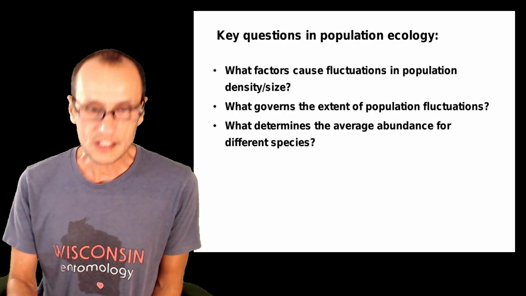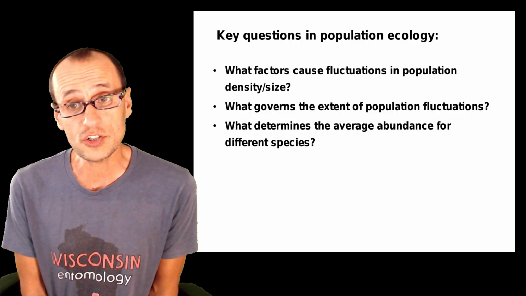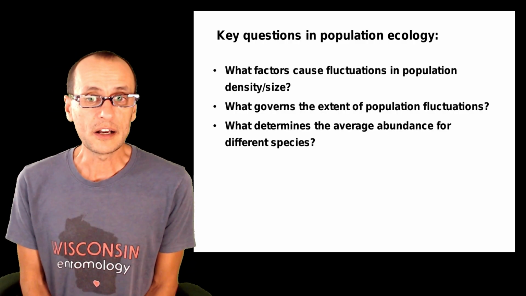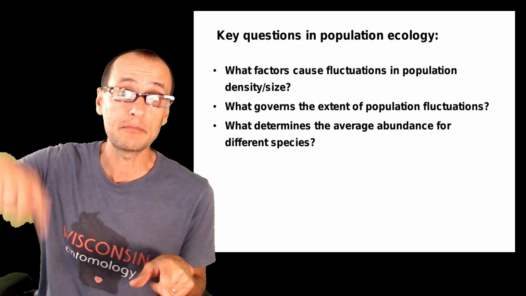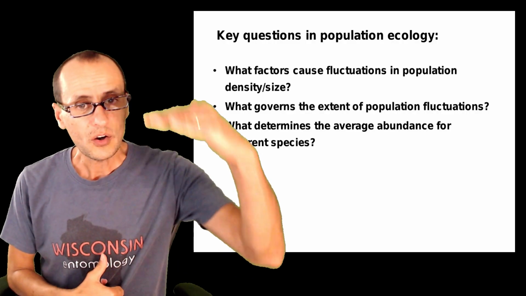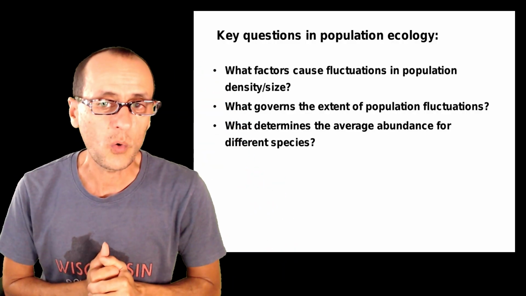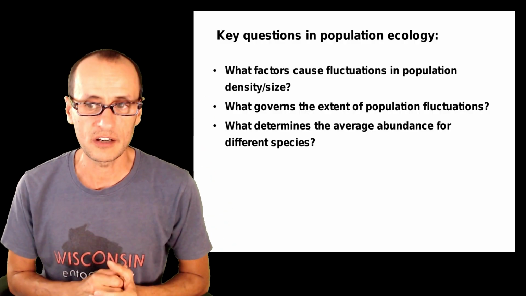So the key questions in population ecology are, again, what factors cause the fluctuations in population density or size? What governs the extent of those population fluctuations, why they get big and small? And why is it that some populations are very high and sometimes they're quite low for different species? So what sets the average abundance of those?